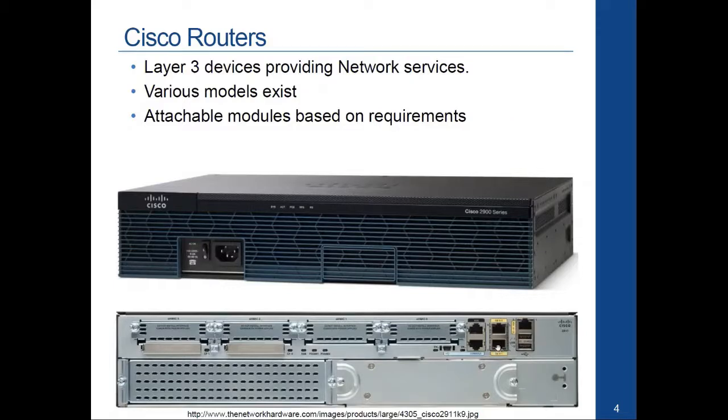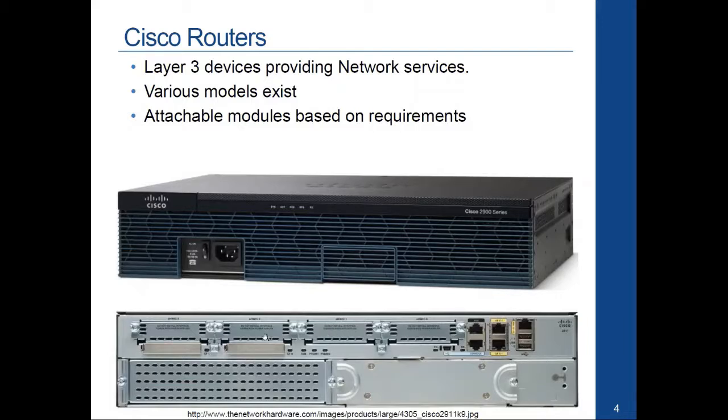The built-in ports are for a few things. One is the console port, where you use your serial cable to access the device before it has any configuration. The other is the auxiliary port, which also serves a similar purpose. And the Ethernet ports are the ones that we are going to be using to connect our network to it.